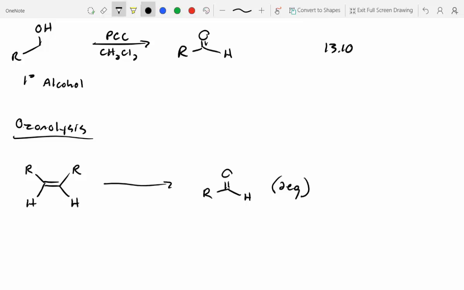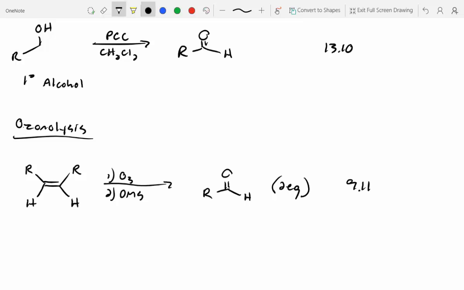What reagents do we need? Ozone first, and then for the second part, you typically will use a reductant. DMS, zinc, and HCl is often used. What does DMS stand for? Yeah, dimethyl sulfide. So you can turn that into a disulfide and cleave the ozonide. This was covered in section 9.11.